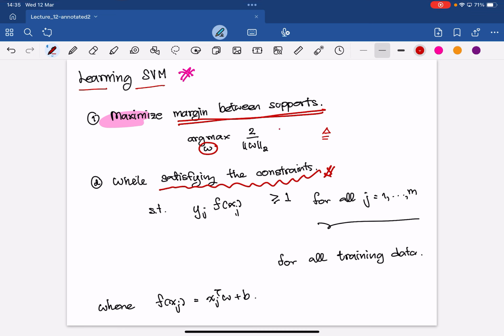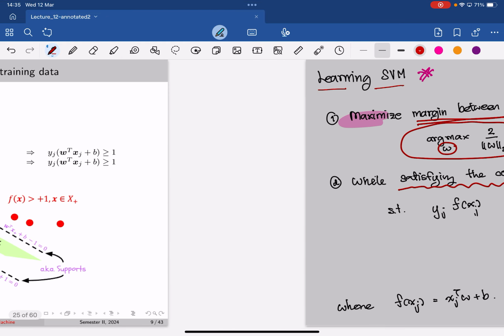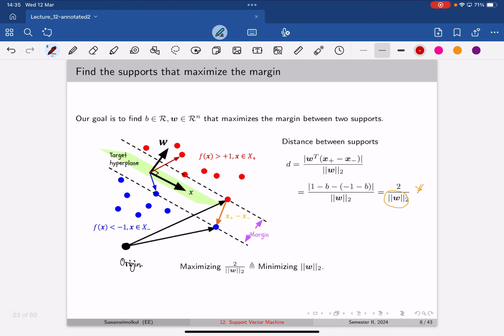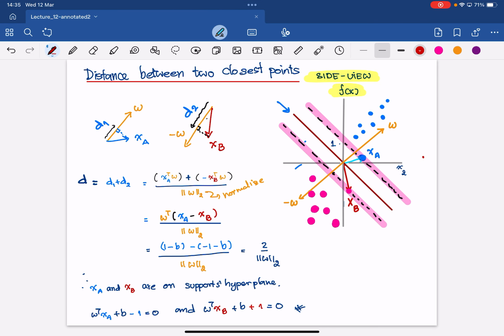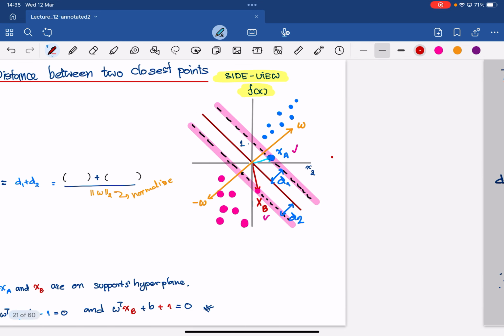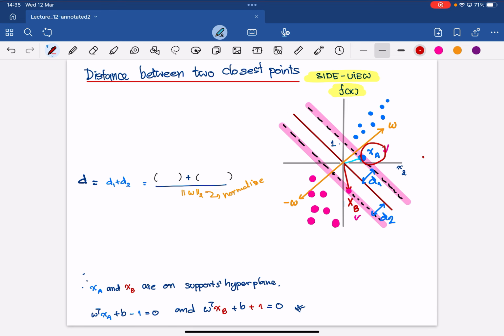Okay, for the distance between the hyperplane and the support hyperplane, as I mentioned before, let's say from point xA here to the target hyperplane, you want to compute it by projecting on the normal vector, right?